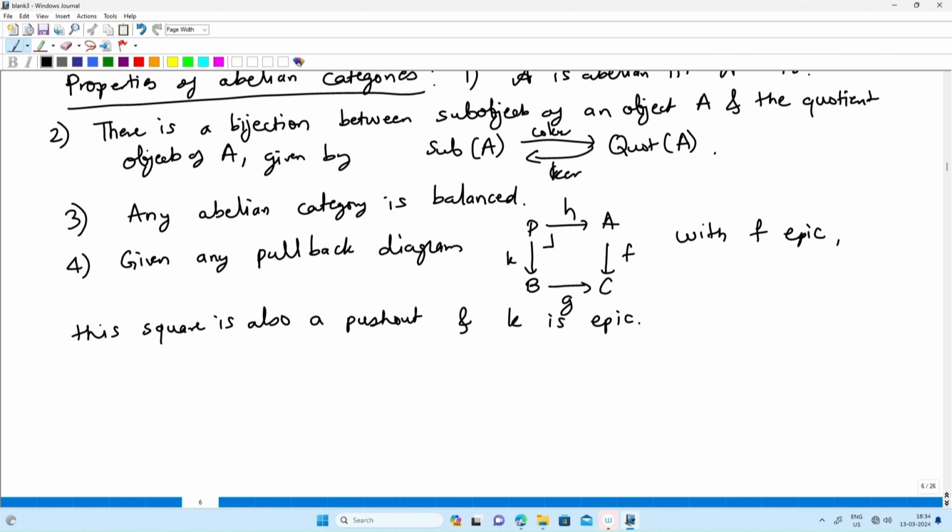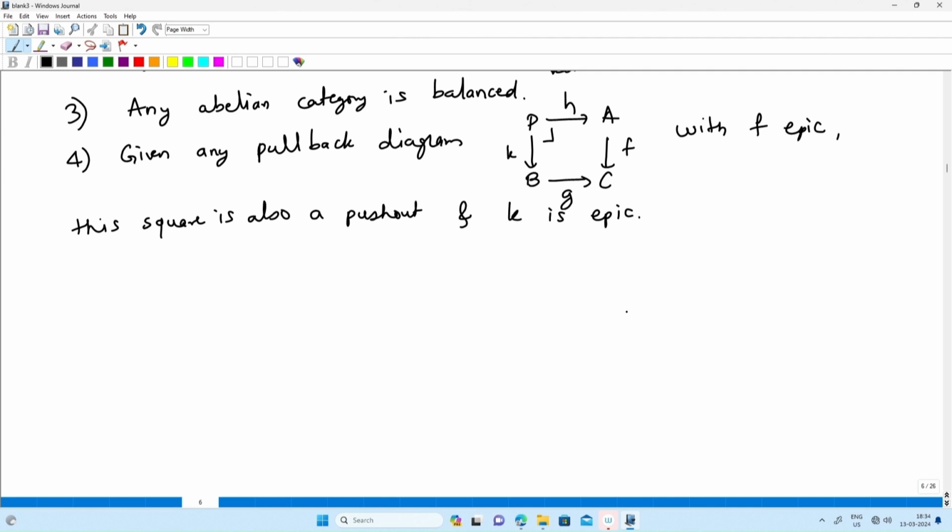So the pullback of an epimorphism is an epimorphism, which is not what you normally think about. Epic and monic, that's how we write. Mono or epi, that's also fine.